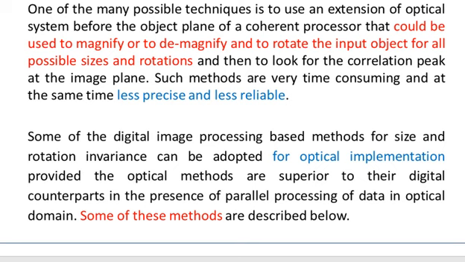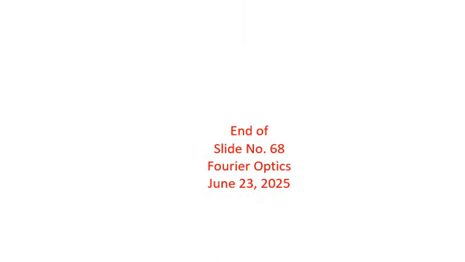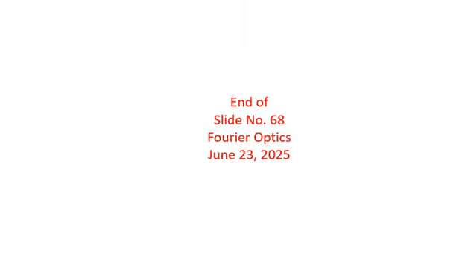Some of the digital image processing based methods for size and rotation invariance can be adopted for optical implementation, provided the optical methods are superior to their digital counterparts in the presence of parallel processing of data in the optical domain. Some of these methods will be described next. So this is the end of slide number 68.